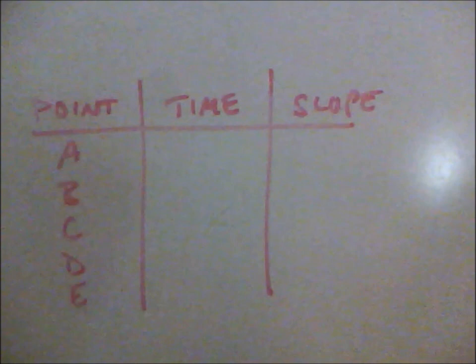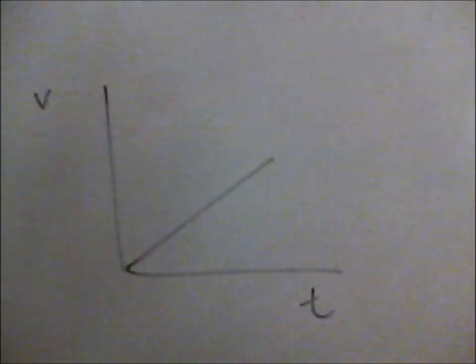Then we could make a graph of the slope, which would be the instantaneous velocity, versus time. If the object was moving with uniform acceleration, as you learned in your freshman course, you would get a velocity time graph that's a straight diagonal line. That means that the velocity is changing by the same amount with each successive time interval.